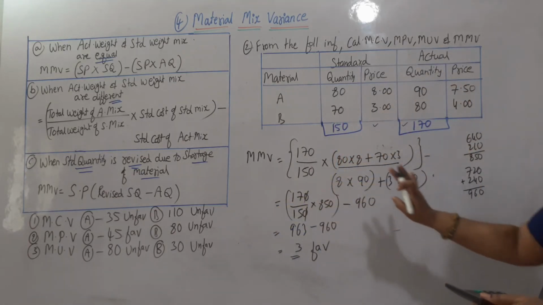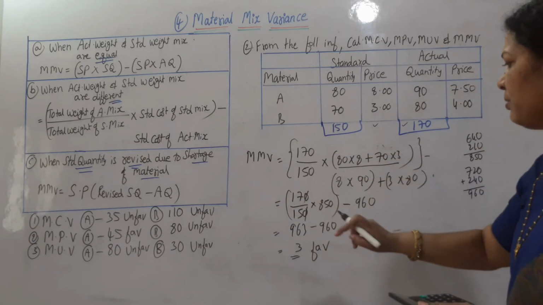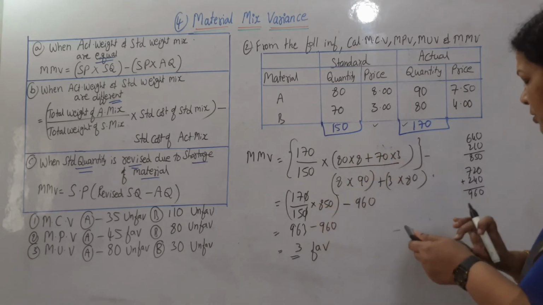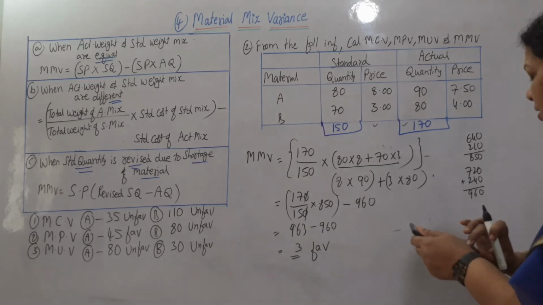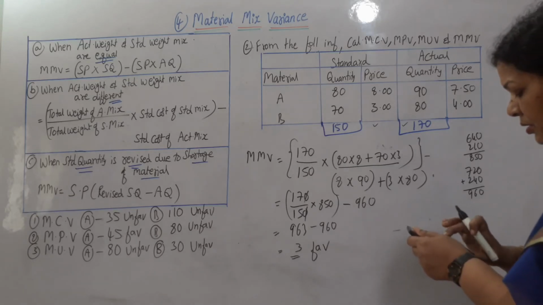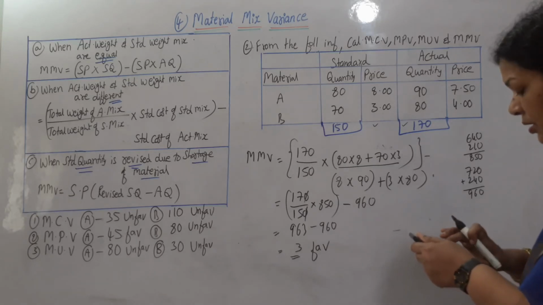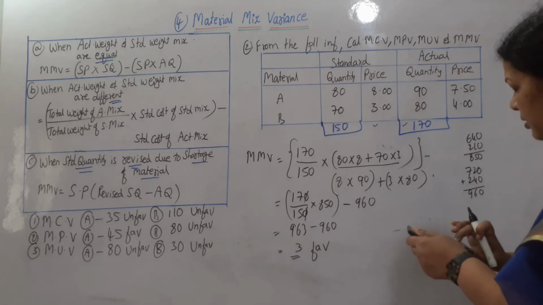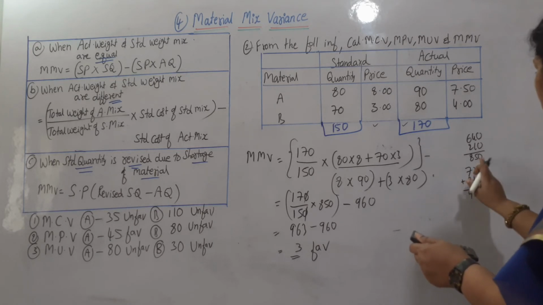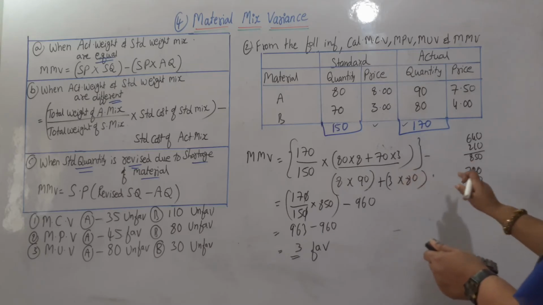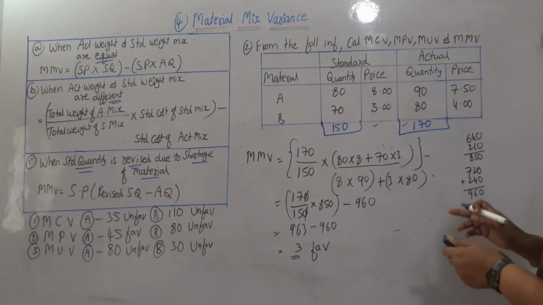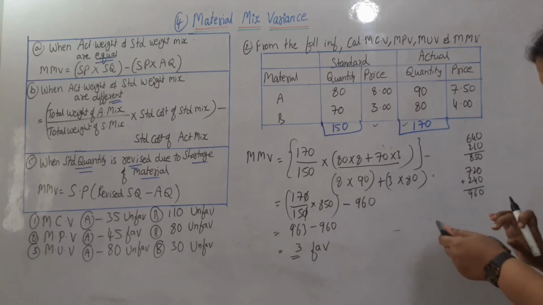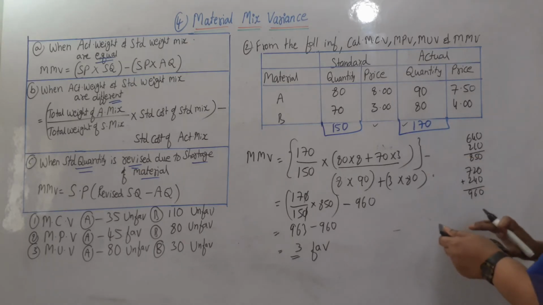Are you getting it? Once again we'll check the calculations. 170 by 150, this is okay. 80 into 8 is 640, okay. 70 into 3, 210.